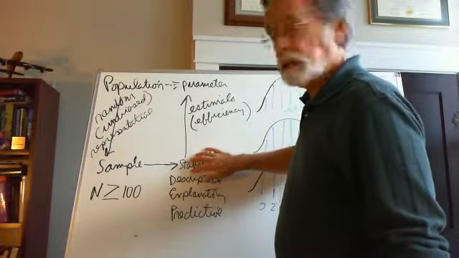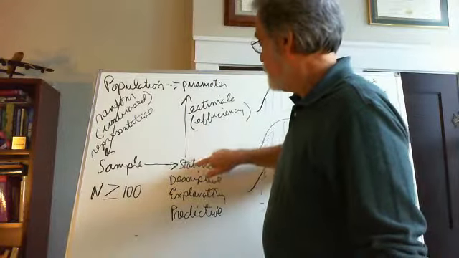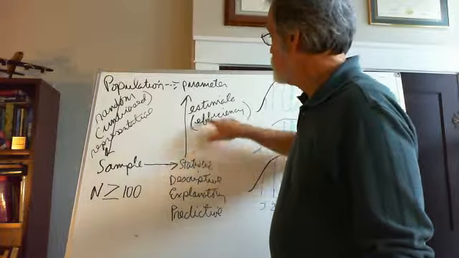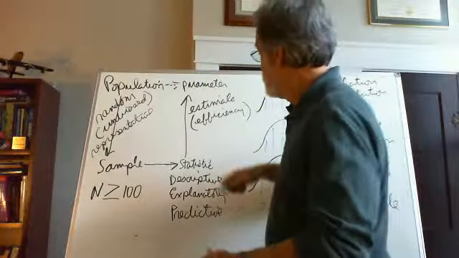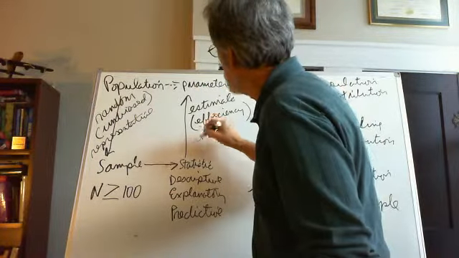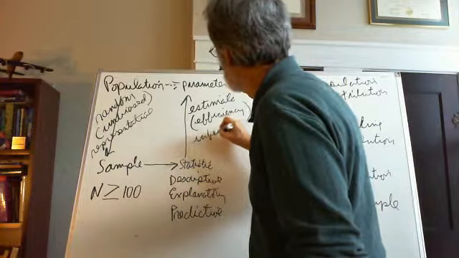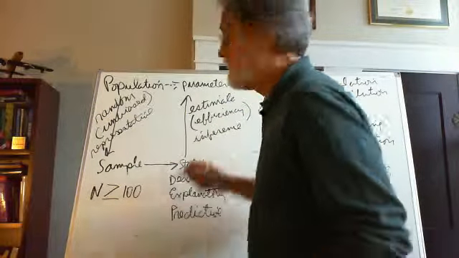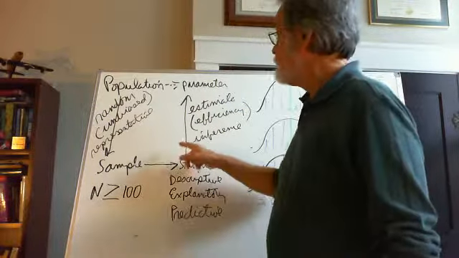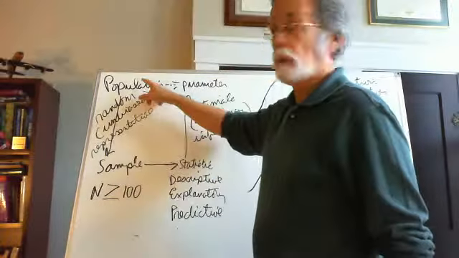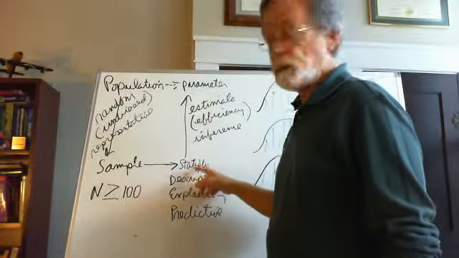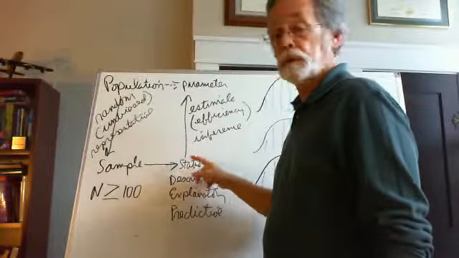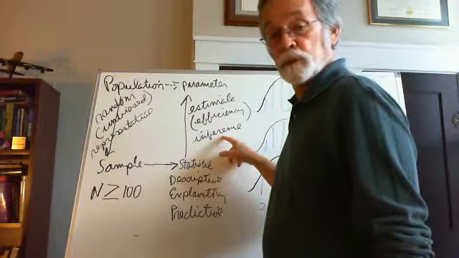We get that statistic, and then we say that this statistic is a good estimate of what we would have found had we gone this way. And I should have put here inference. That is the inference that we make. Had we gone from the population directly to the parameter, we would have found roughly the same thing that we found from the sample to the statistic. That's the inference that we make.